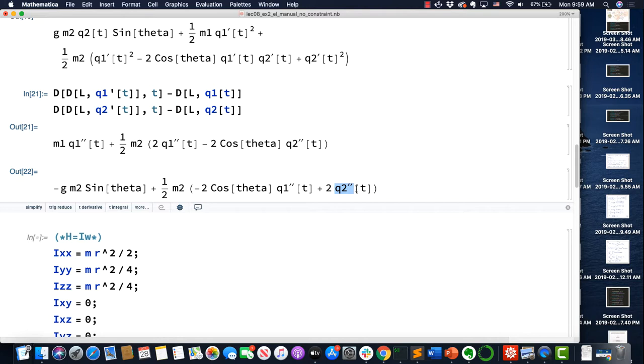Your approach is good, but it's not about adding new reference frames. It's just adding new or extra generalized coordinates.